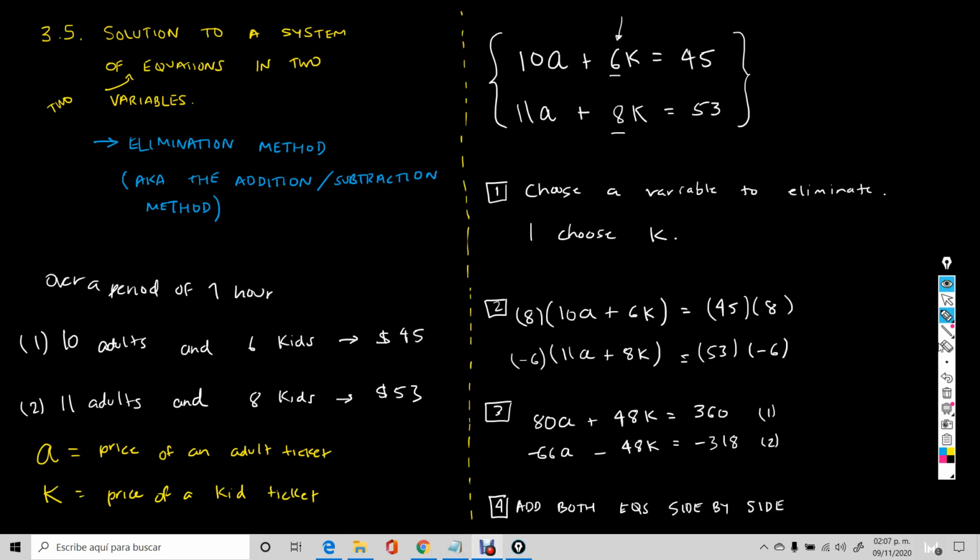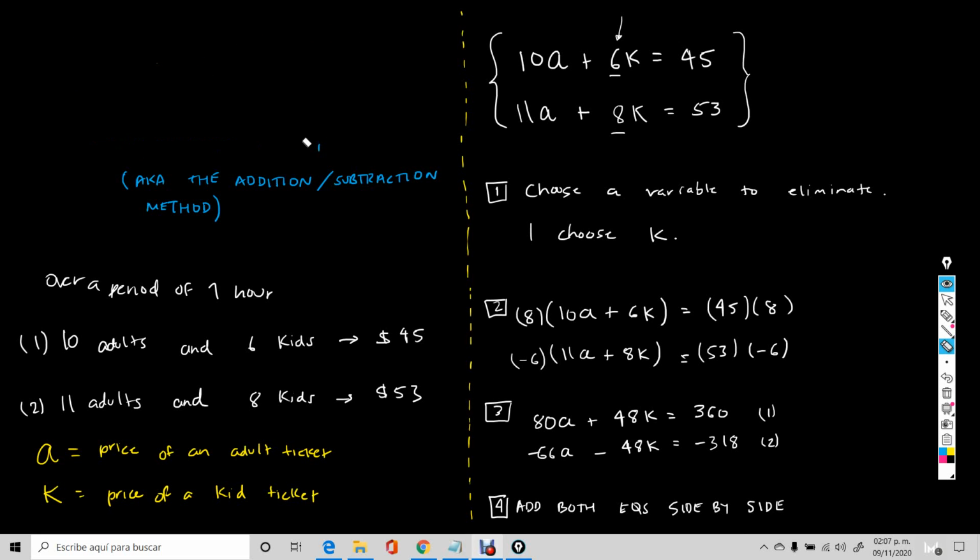It means the following. I'm going to need to erase this, and I'm going to continue on the left side. That's not a good way to do things, but I need to do it because I ran out of space. But you always remember, you always work from top to bottom and from left to right as much as possible. What that means is this, guys. You're going to add this side with this side.